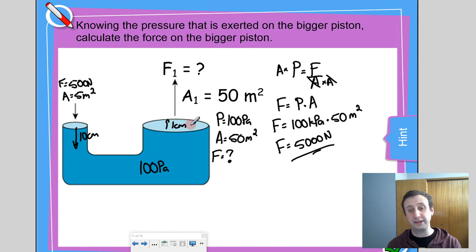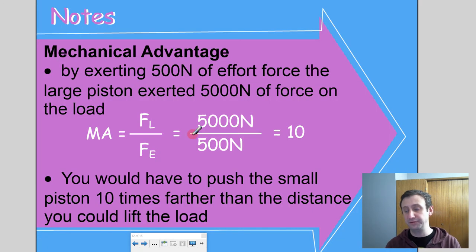Just like a lever, I would have to push down a bunch in order to lift this just a little bit. The same amount of work is done on both pistons, the same force times distance, but it gives a force advantage so that I can apply more force by going a larger distance.